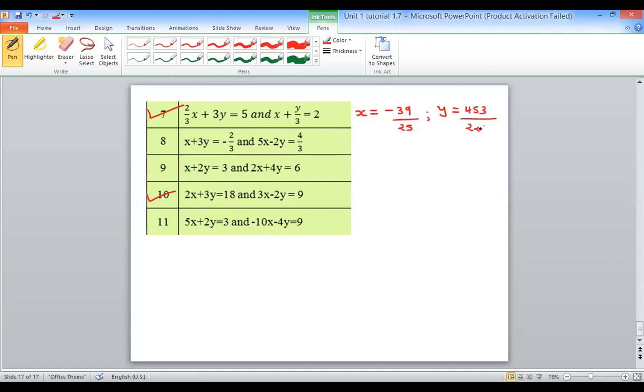Hope so. And x is 63 by 13 and y is 36 by 30.